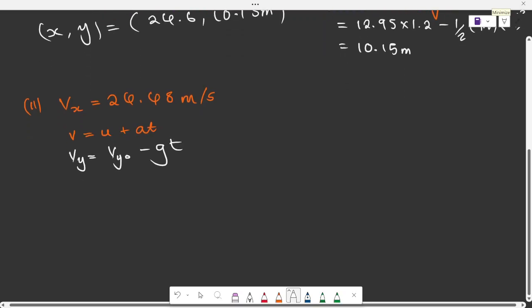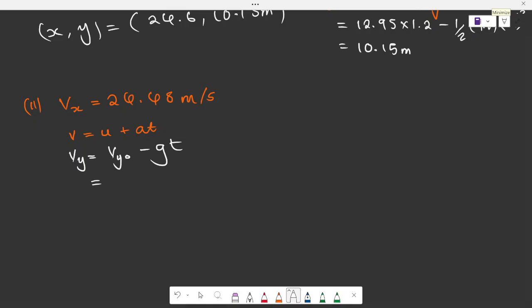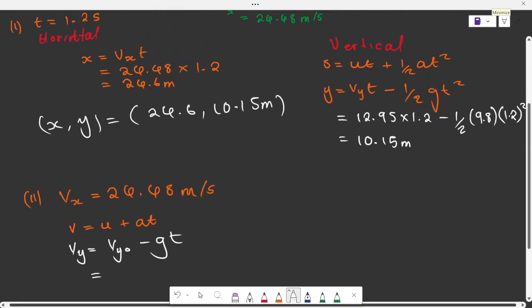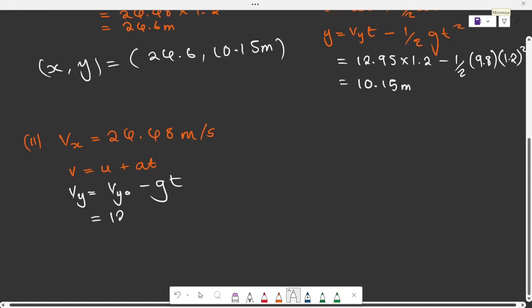So let's just quickly replace. We know our initial value for Vy to be, what was it? I've forgotten. Okay, it was 12.95 minus the G value, which is always 9.8, times the time.